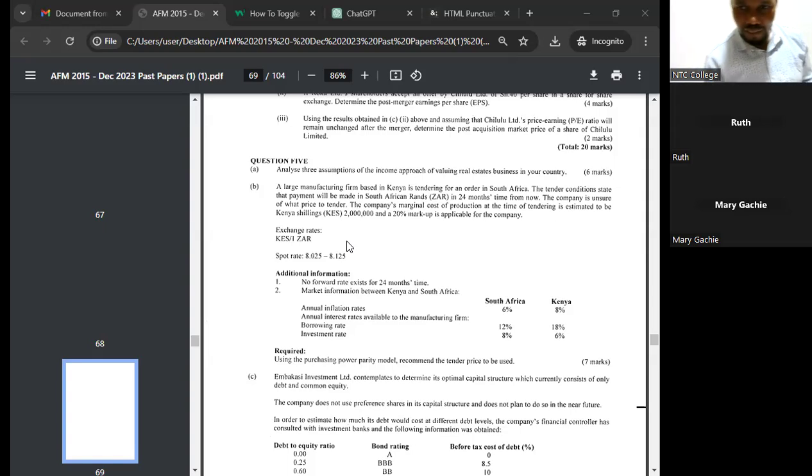A Kenyan client. How much? What is the selling price that could have been quoted in Kenya shillings? When you are reading this, you pick up the pattern. 2.4 million.